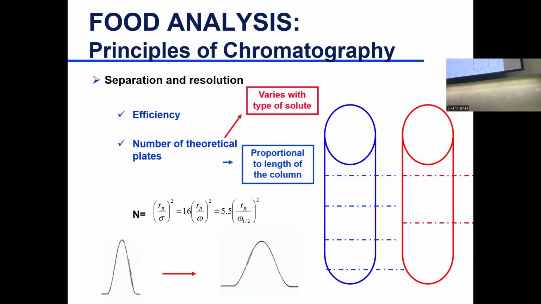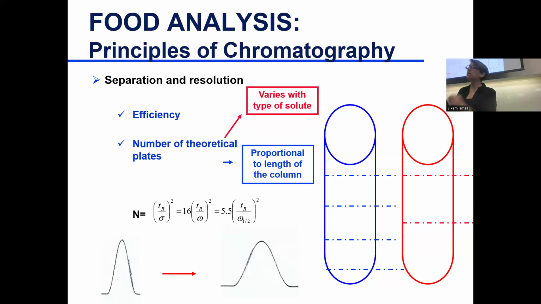So instead of counting the theoretical plate, we just take the height. And now we have corrected for the length of the column. No matter how long the column is, all I care for is did it widen or not? So the height equivalent of a theoretical plate. That's one thing coming on the next slide.